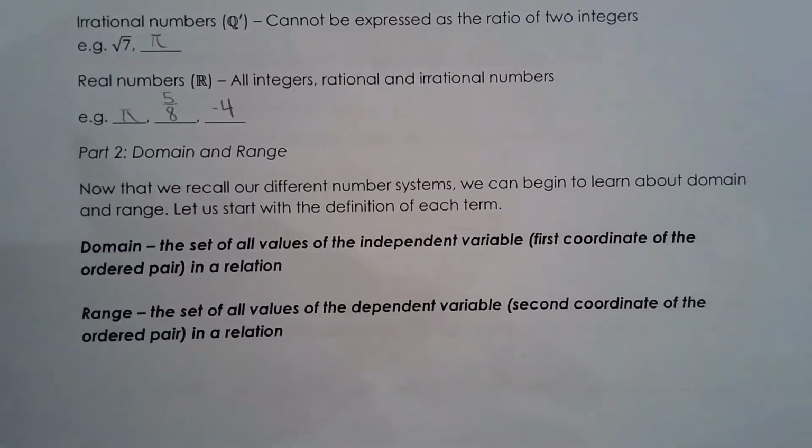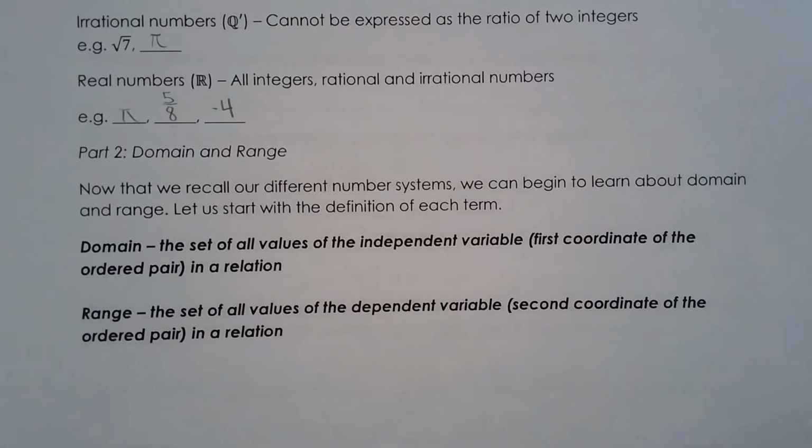So what is the meaning of domain? What is the meaning of range? Let's read the definition here. Domain: the set of all values of the independent variable in a relation. So what are all the possible values of the independent variable? Usually when we talk about the independent variable, we use the variable x.